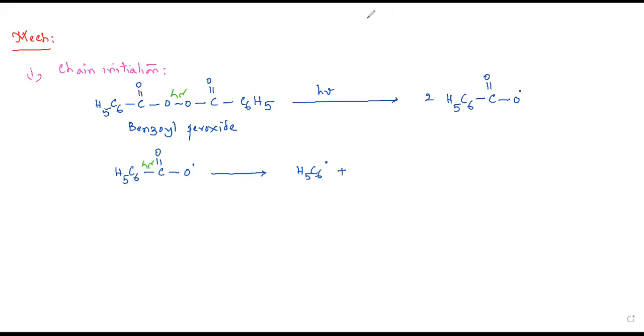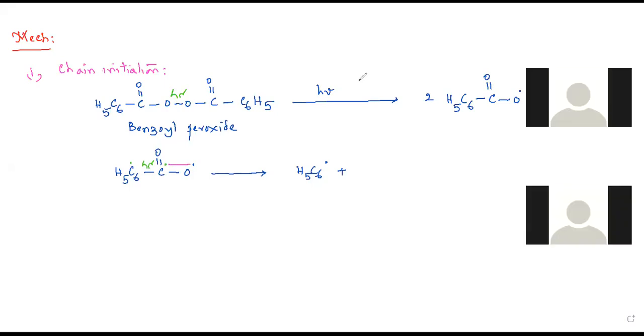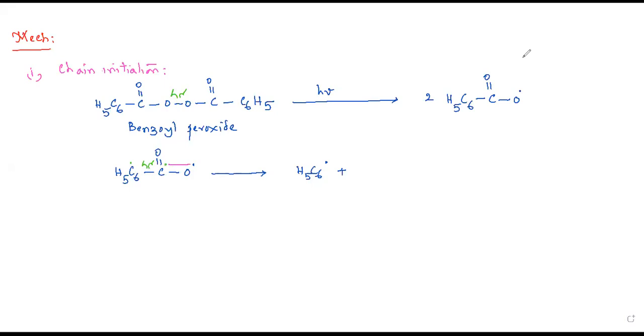Then let me actually show you this. This gets an odd electron. Now form a bond between these two. You will be left with C6H5 free radical and carbon dioxide.